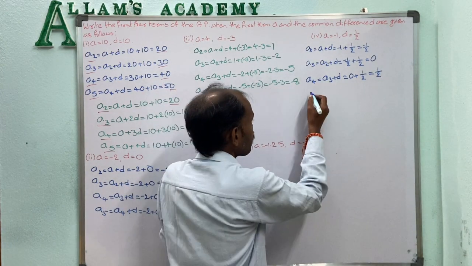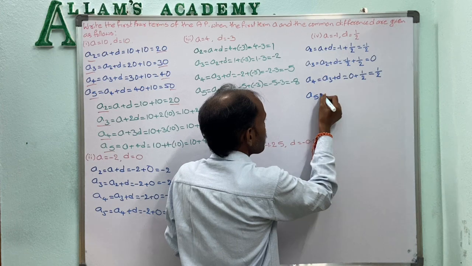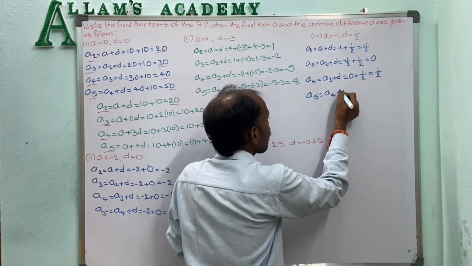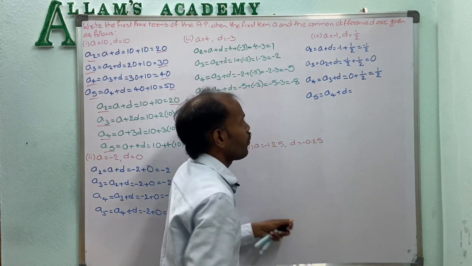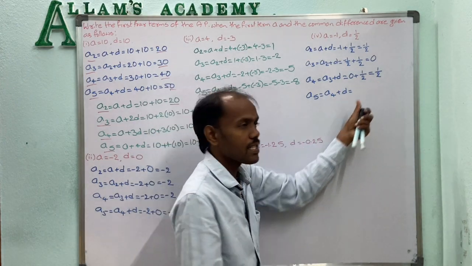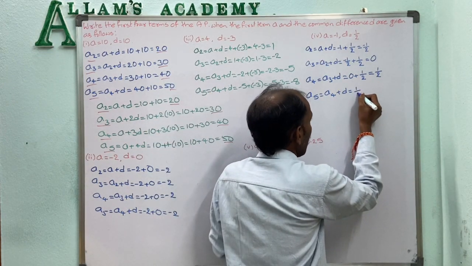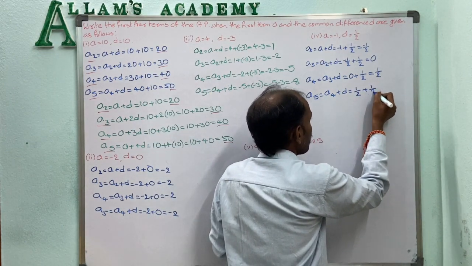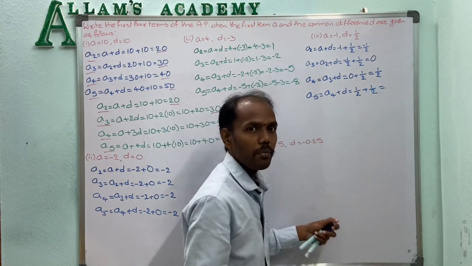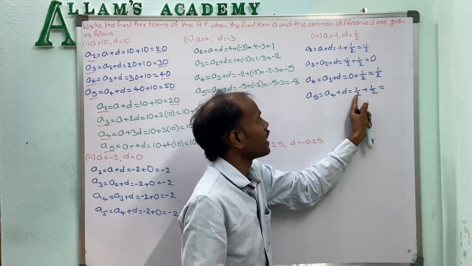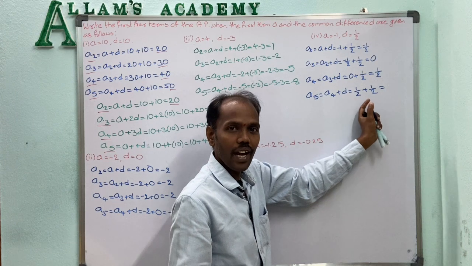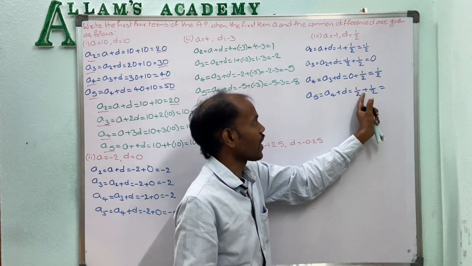Now the fifth term A5 is equal to A4 plus D. The fourth term A4 is 1 by 2 and the common difference D is 1 by 2. So 1 by 2 plus 1 by 2. Here the denominators are equal, so they are like fractions.